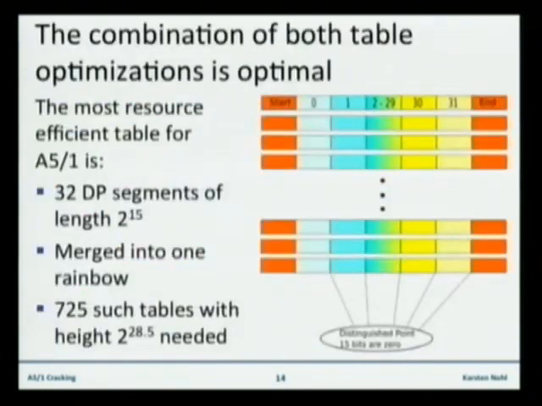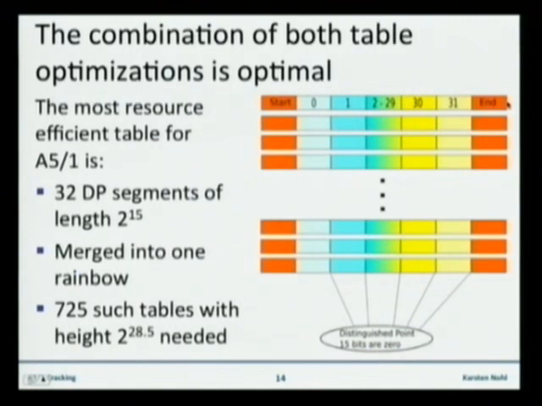So for A5/1, we compute a distinguished point rainbow table, where we compute a distinguished point not once but 32 times, and each time we hit a distinguished point, we change the color.